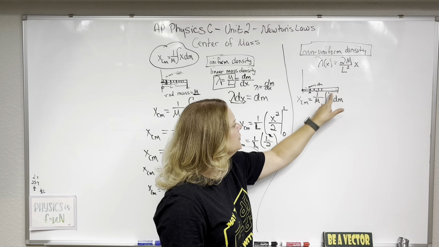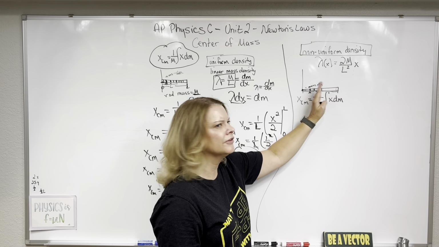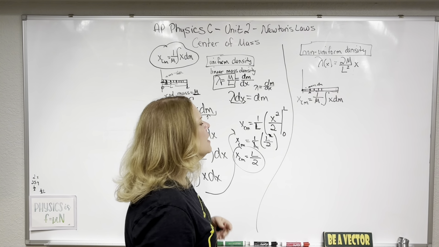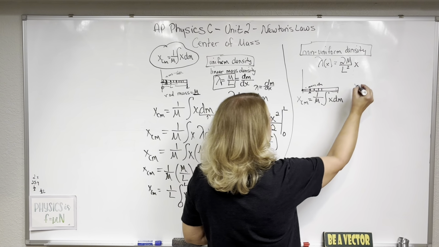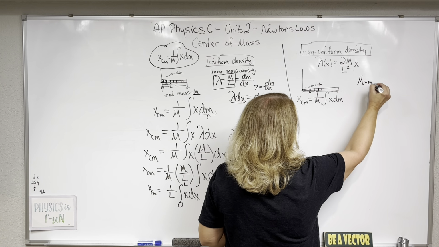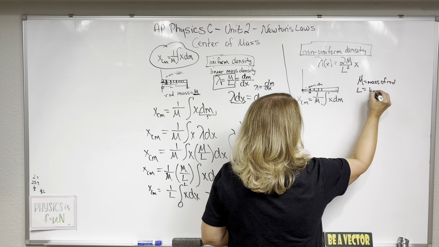This end is going to be more dense than this end. So center of mass is going to be shifting to the right. Now, there are some things you need to know. First of all, the mass of the rod is still M. We still have L as the length of the rod.